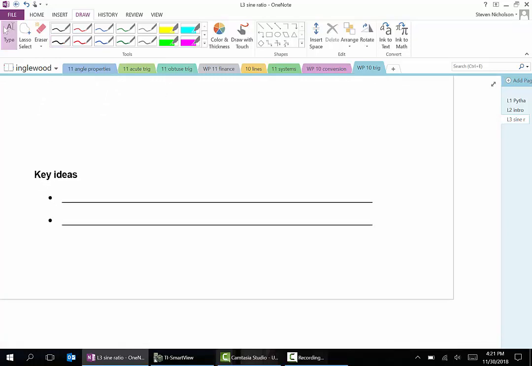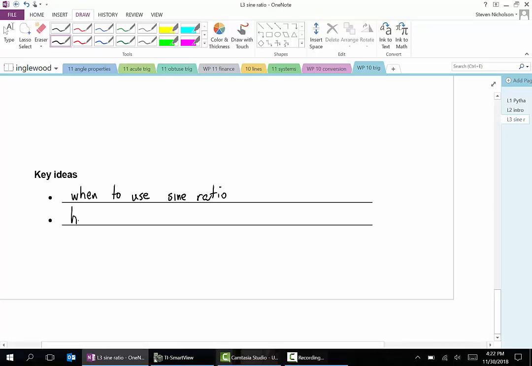So here are our two key ideas from today. The first key idea is you know when to use the sine ratio. You know when to use the sine ratio when you write down what I know and you get opposite and hypotenuse information.